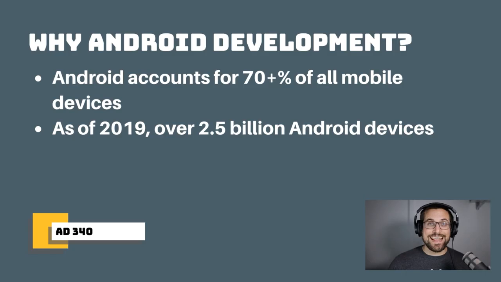As of 2019, Google announced at their big Google I/O conference that there were over 2.5 billion Android devices out there in the world. We're another year removed from that, essentially, so I'm sure that number has gone up quite a bit. So obviously Android is just a huge market share and so many devices.